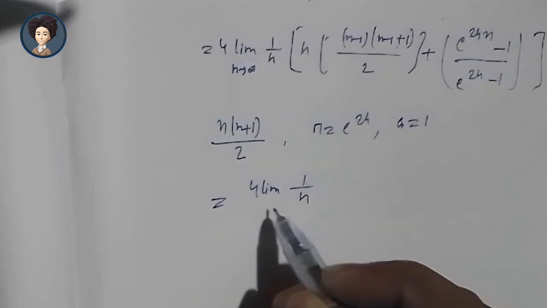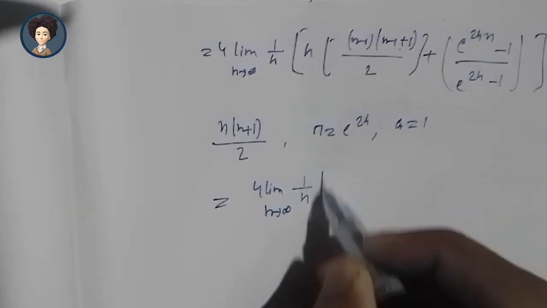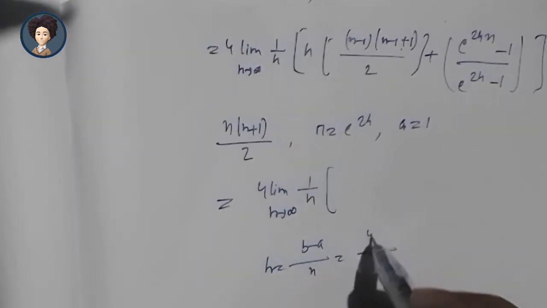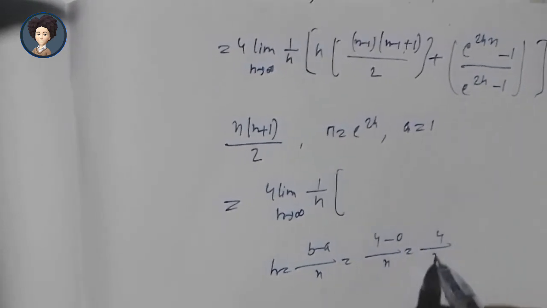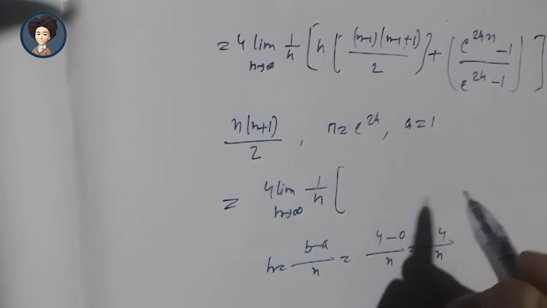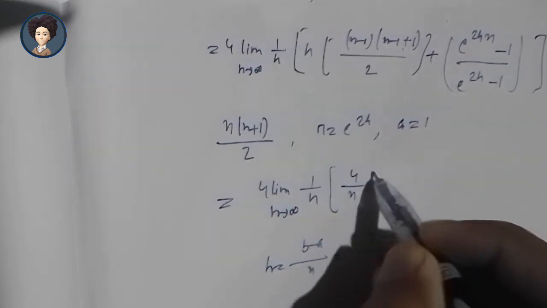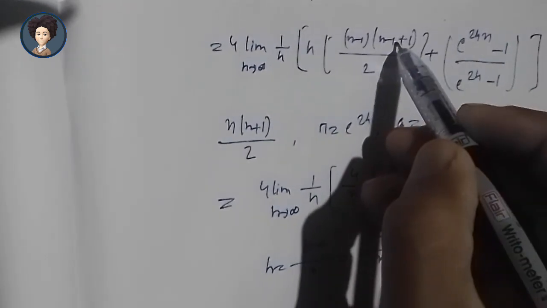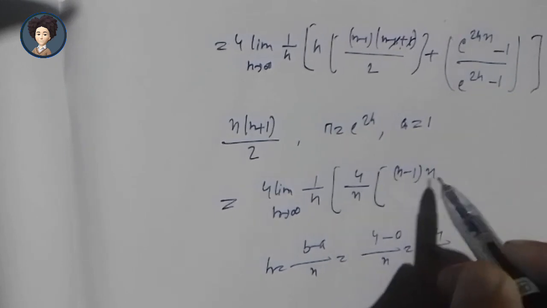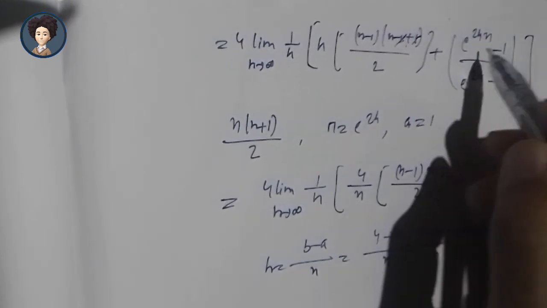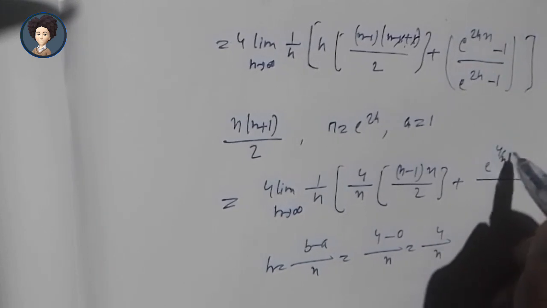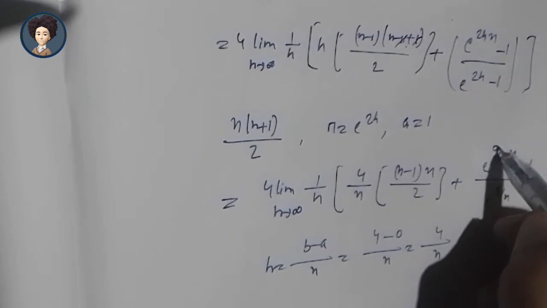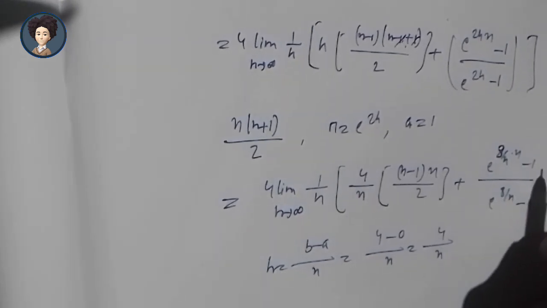For the limit as n tends to infinity, we know h is b minus a divided by n. Since b is 4 and a is 0, divided by n, that means h is 4 by n. So we can put this value here, 4 by n, and here n minus 1 into, since this one and this one cancel out, here is left n divided by 2, and plus, since h is 4 by n, into n minus 1 divided by e to the power 8 by n minus 1.